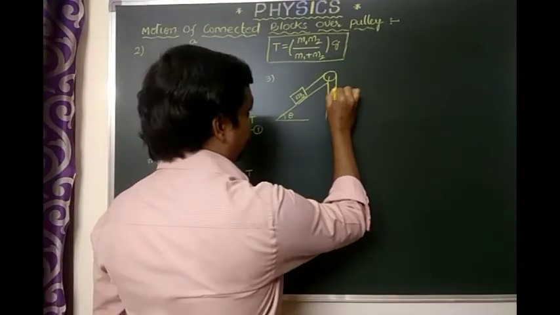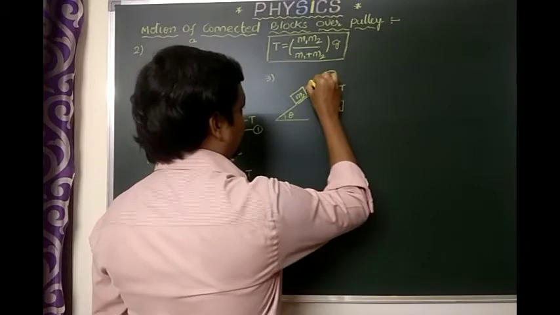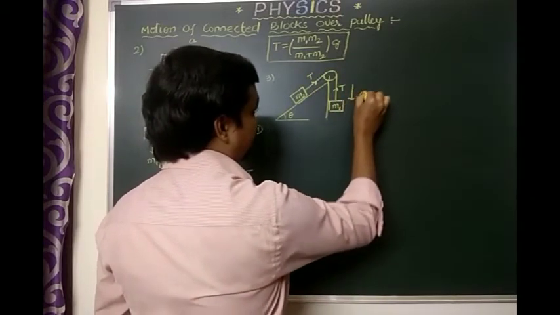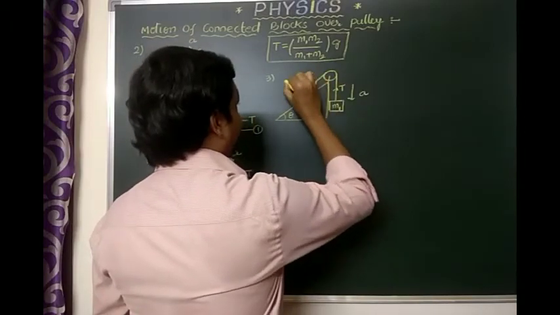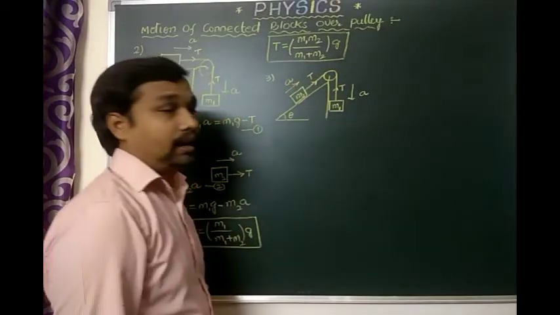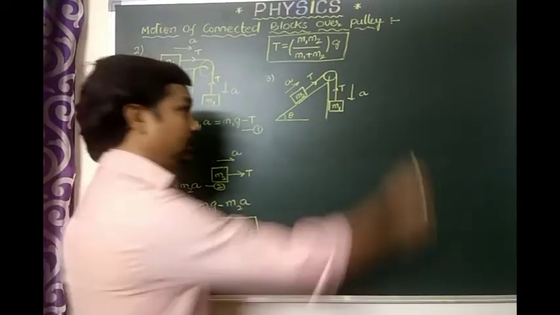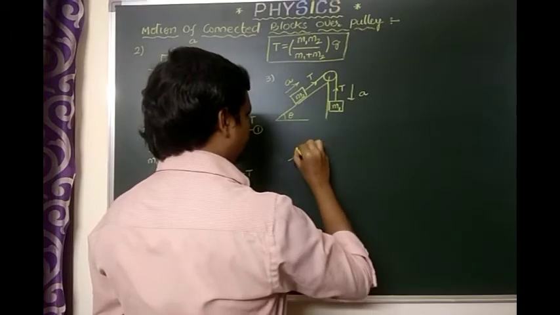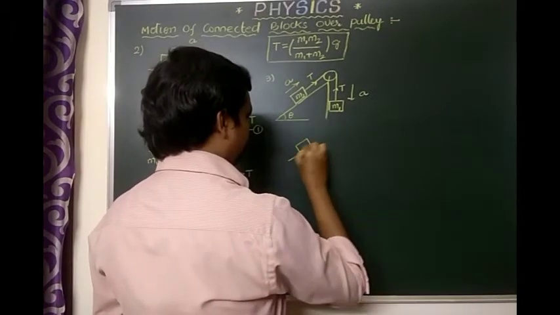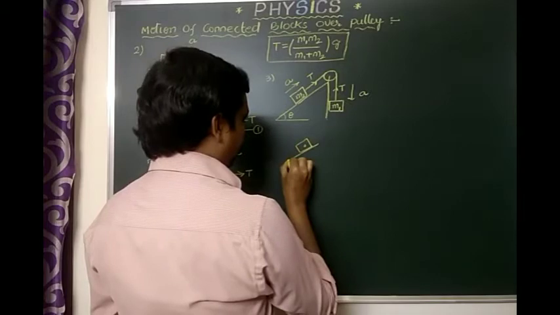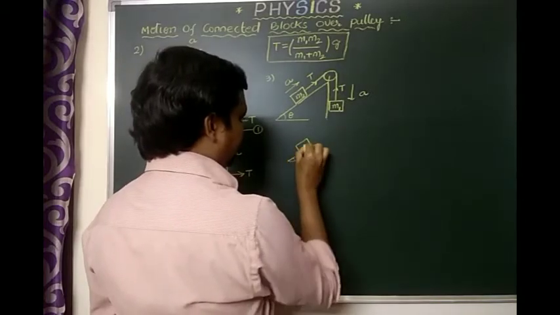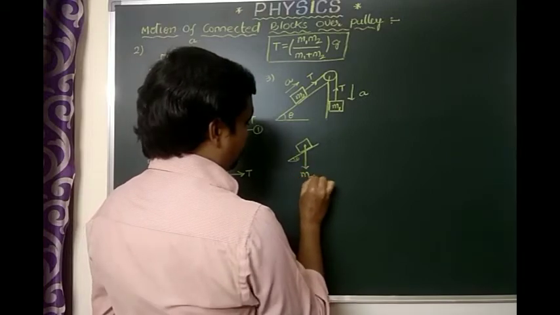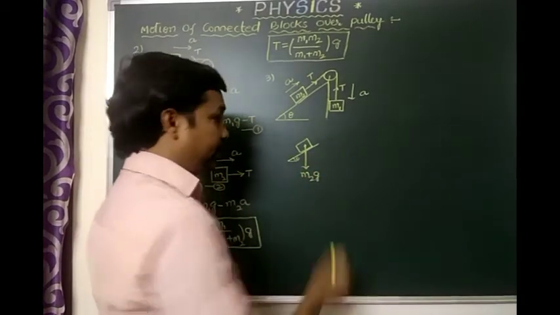Here what will be the tension direction? Tension is upward, parallel to the inclined surface. The acceleration is downward. According to this we have a small resolution. Here this is the angle made, theta, so M2 g will be in the downward direction.